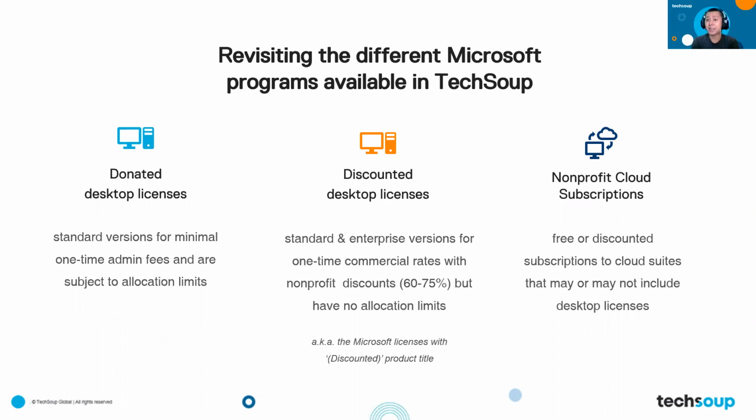It's essentially the same catalog as the donated desktop licenses because it covers the usual standard versions of programs, such as, again, Office Standard, Windows Server Standard, and so on. The only difference is that, A, the rates may be slightly higher, mainly because they reflect commercial licenses, still a commercial rate, but with a nonprofit discount, which is usually about 60 to 75% off.